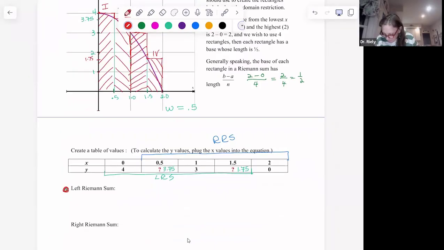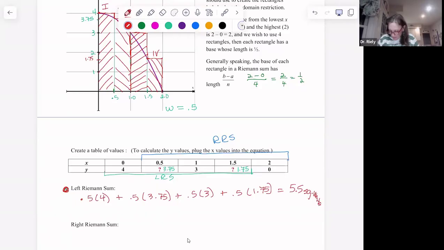So I can say 0.5, take your first y times 4, plus 0.5 times 3.75, plus 0.5 times 3, plus 0.5 times 1.75. Okay, so I think I added that up. I got 5.5 square units. So that's from the left.